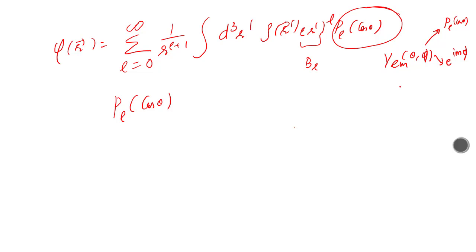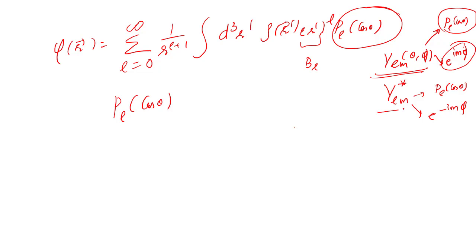If you take the complex conjugate, PL of cosine theta is real so it would remain, and this is imaginary, so you would get e to the power minus im phi. So if you multiply a spherical harmonic with its own complex conjugate, these terms would cancel out, and you can get just the PL of cosine thetas.